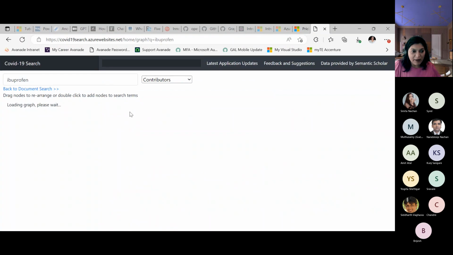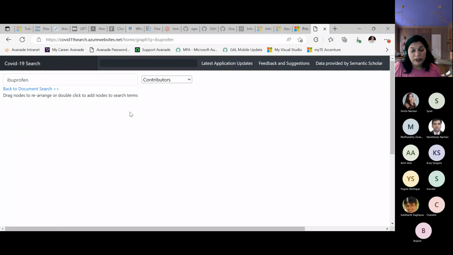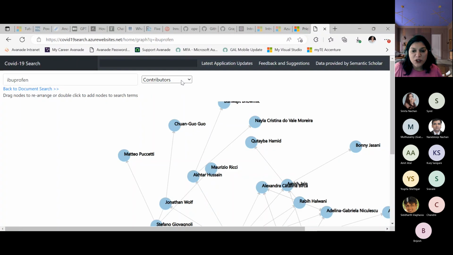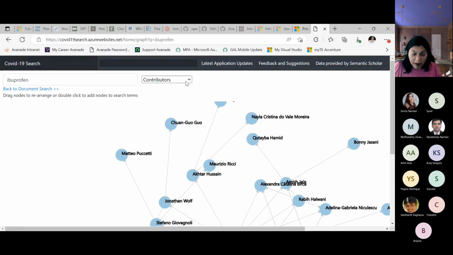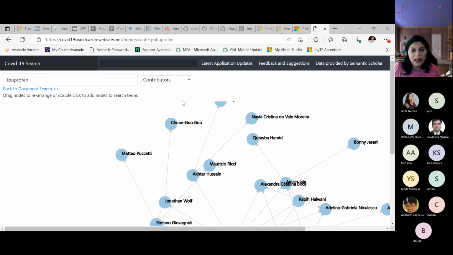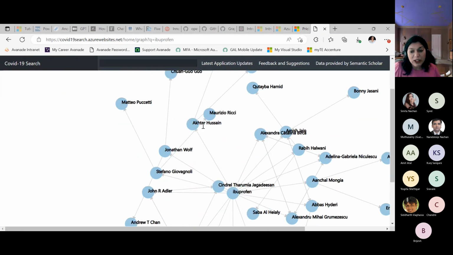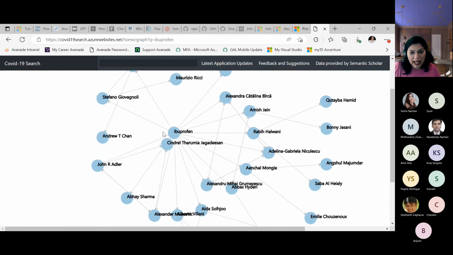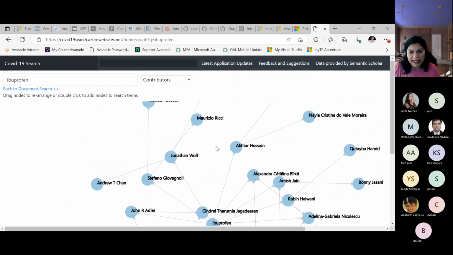So, for example, if I am now searching for the relationship between ibuprofen, I have different facets on which I can search, right? If I'm searching contributors, then these are all the papers written by people who have mentioned ibuprofen in some way. You see here, ibuprofen is my central nucleus, and then you have relationships surrounding it.